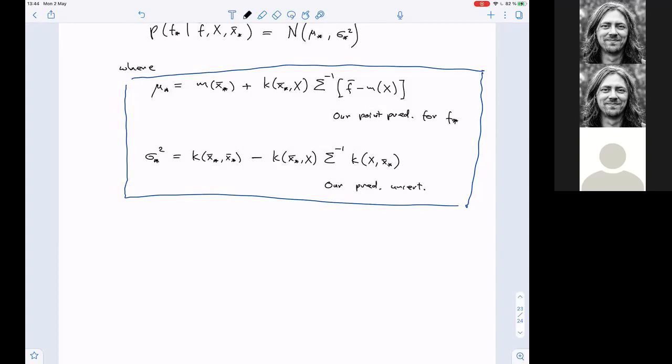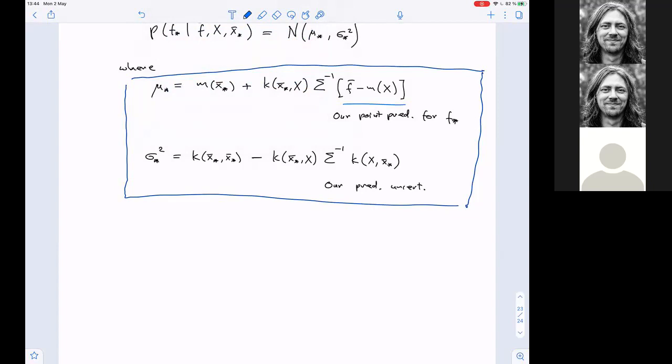The last term there, what that is doing is taking your M of X, which is your prior means on all the training points.